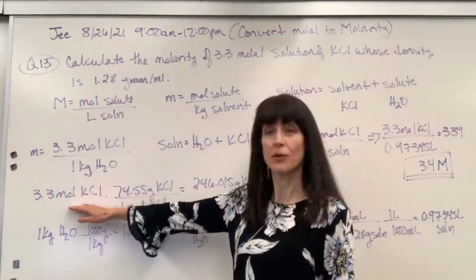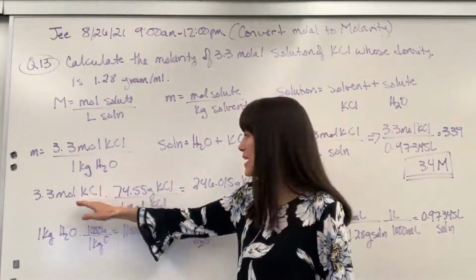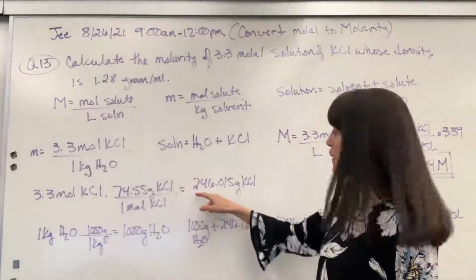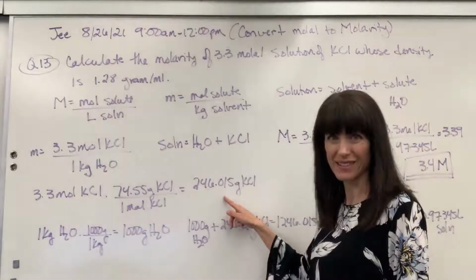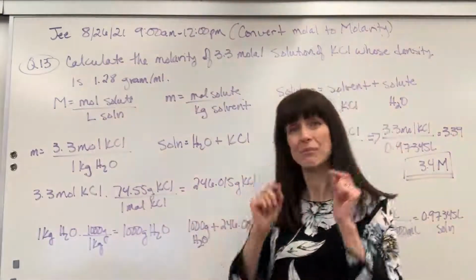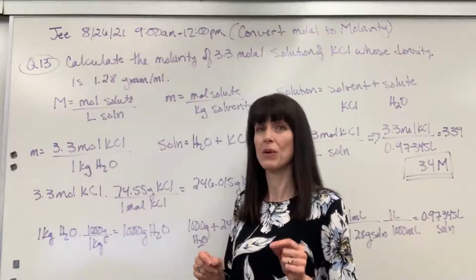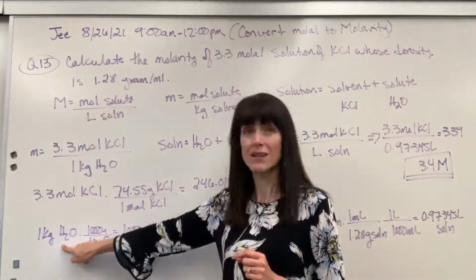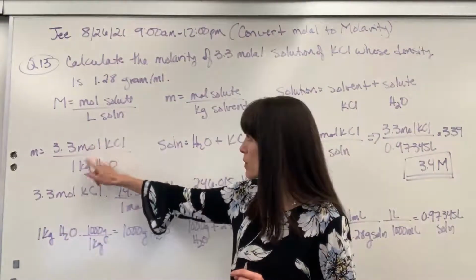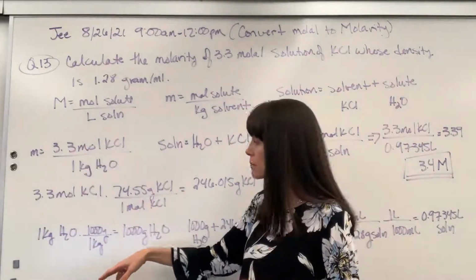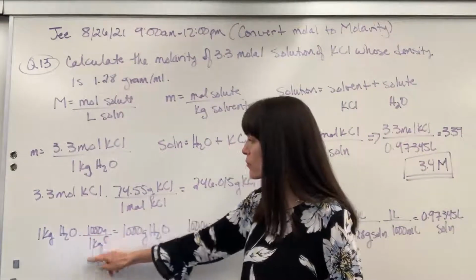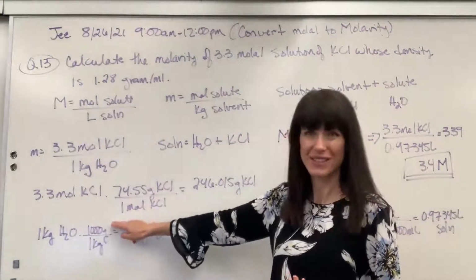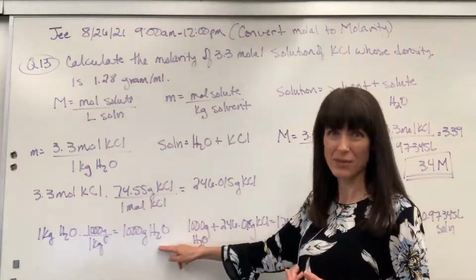So I'm going to take my 3.3 moles of potassium chloride and we're going to convert that to grams. There's the mass of the KCl. Now the mass of the water, this is by definition when it said molal, that we had 1 kilogram. So I've got 1 kilogram of water, 3.3 moles were dissolved in 1 kilogram of water, that's the ratio. 1 kilogram has 1,000 grams, so that gives us 1,000 grams of water.